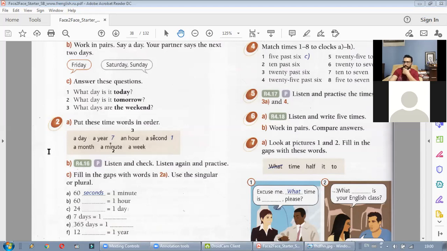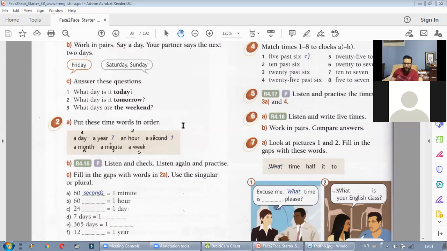A day. Right, we have a day. What's longer than a day? A week. Correct. And the next one will be? A month. Right. Correct. So here in this exercise, they just want you to put them in order.